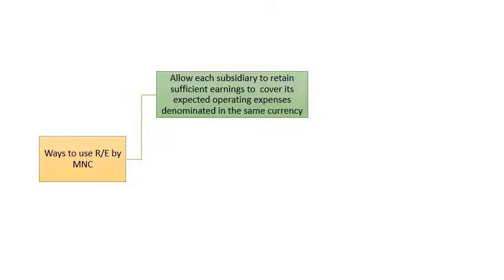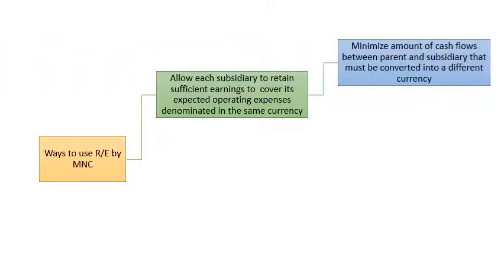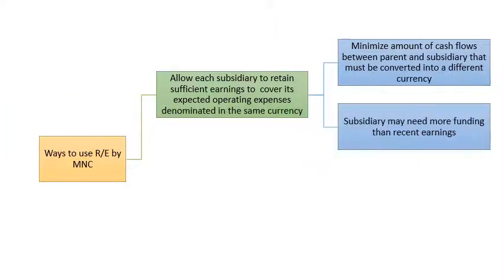This strategy could minimize the amount of cash flows between the parent and the subsidiary that must be converted into a different currency. But the subsidiary may need more funding than recent earnings, and in turn, the multinational corporation should support it with needed funds.